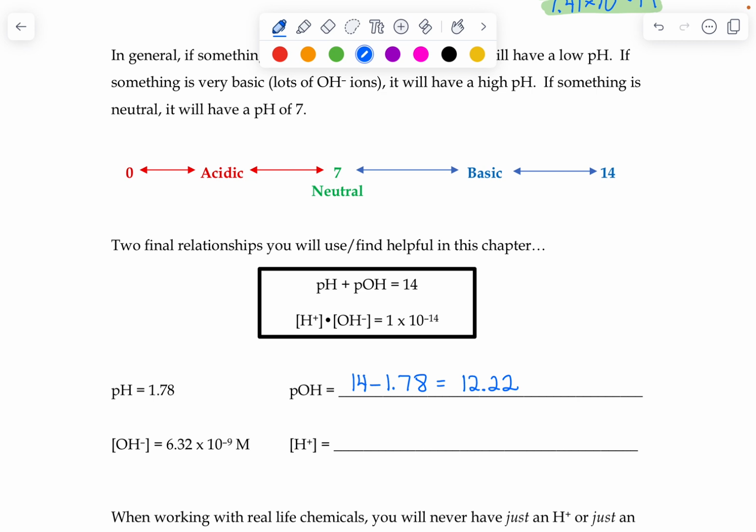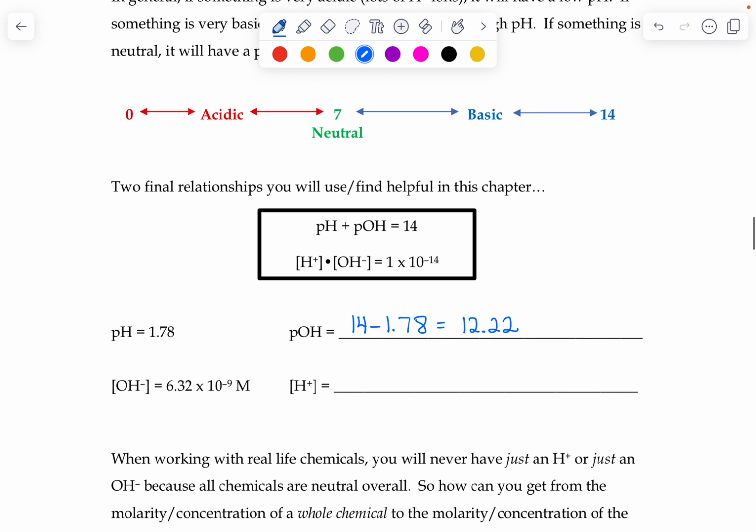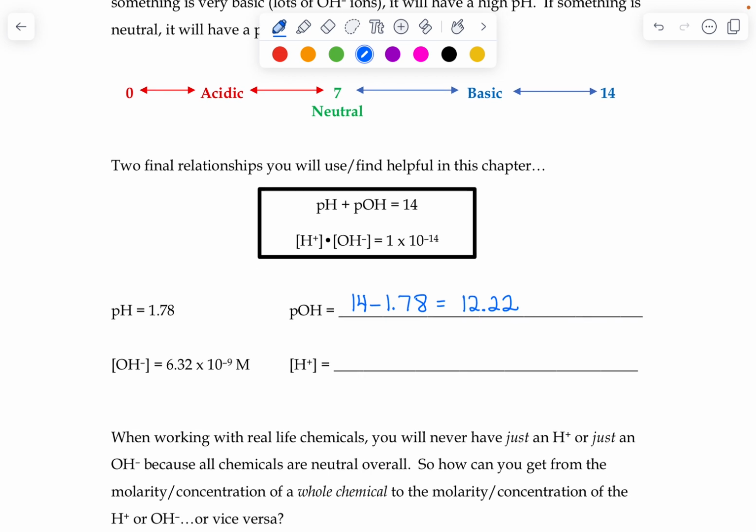Okay. If your OH- was 6.32 times 10 to the negative 9th, and you wanted the H+, you can see from the equation up above that they always multiply to be 1 times 10 to the negative 14th. So if I did 1 times 10 to the negative 14th over my 6.32 times 10 to the negative 9th, this would give me my H+ concentration.